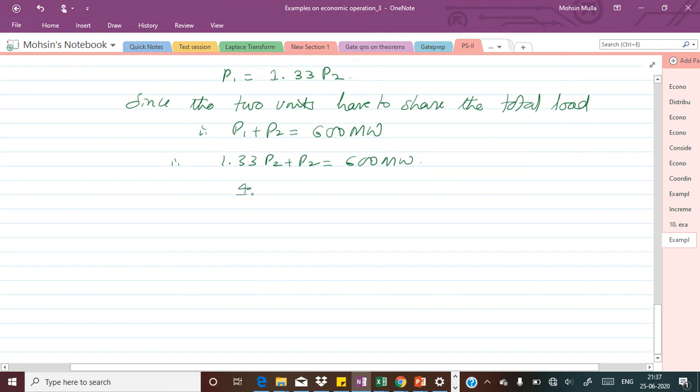Or you can write this as (4 by 3 plus 1) P2 equal to 600, therefore 7 by 3 times P2 equal to 600, or P2 equal to 3 into 600 divided by 7.